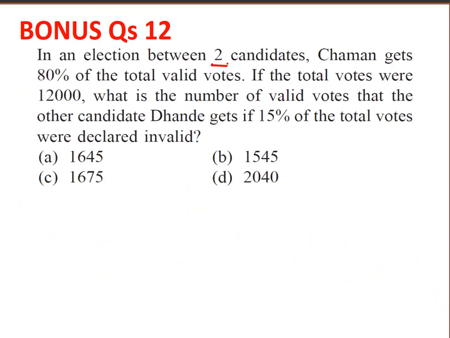In an election between two candidates, Chaman gets 80% of the total valid votes. So there is an election between two candidates. This is Chaman and there is Dhande.